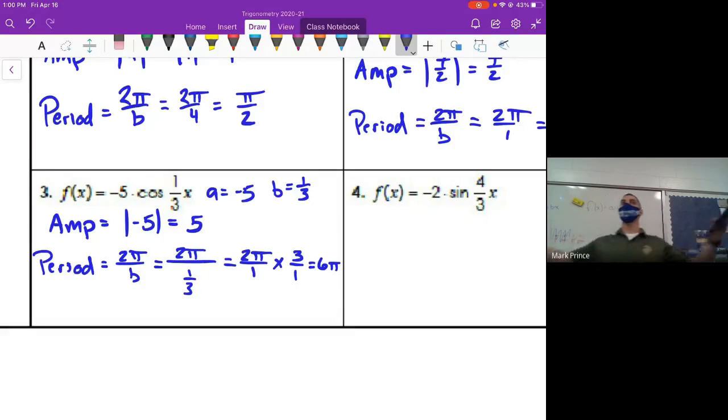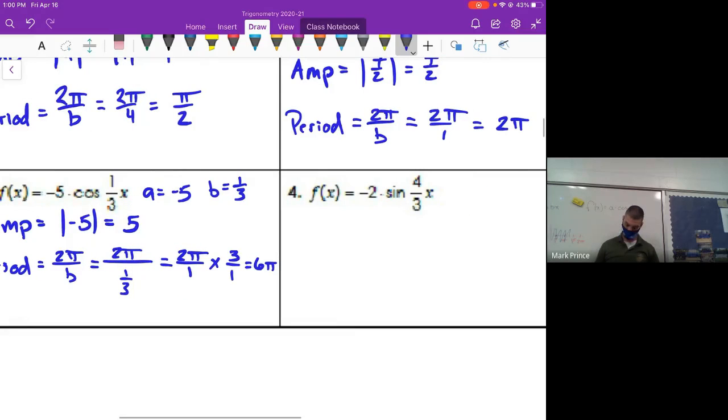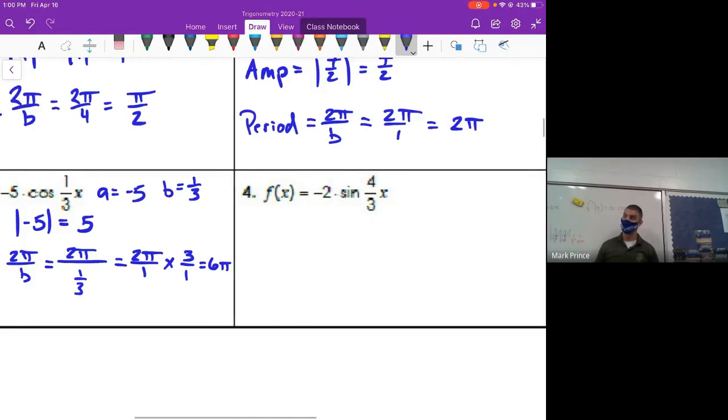So this is a really long, stretched out graph. All right, last one of these. Oop, jumping the gun.